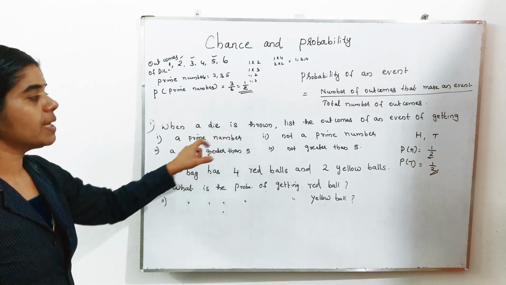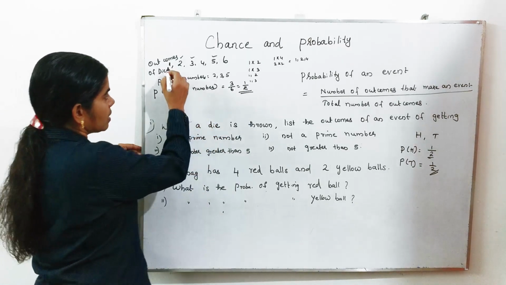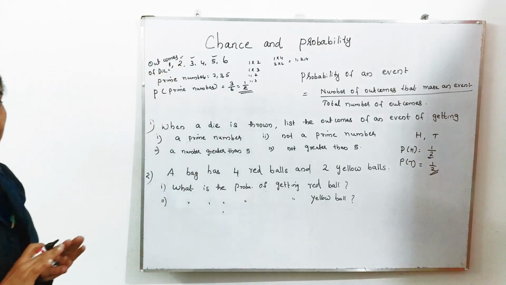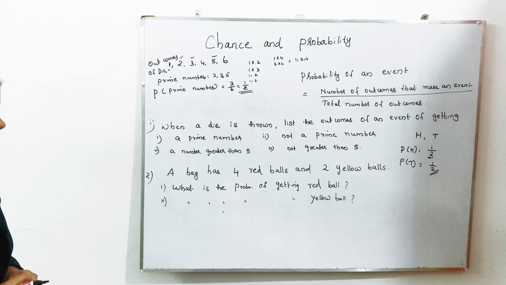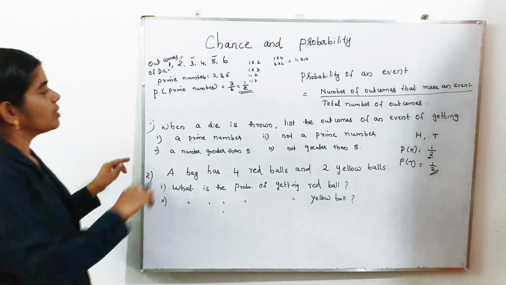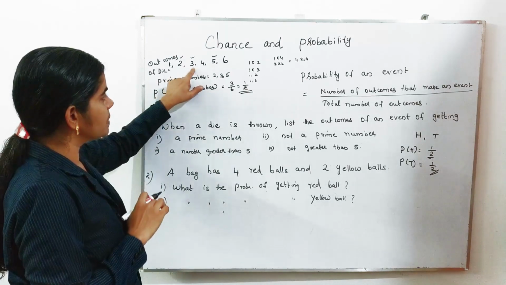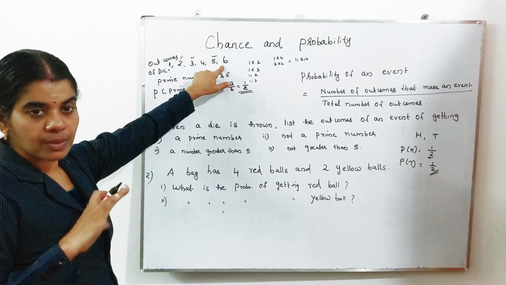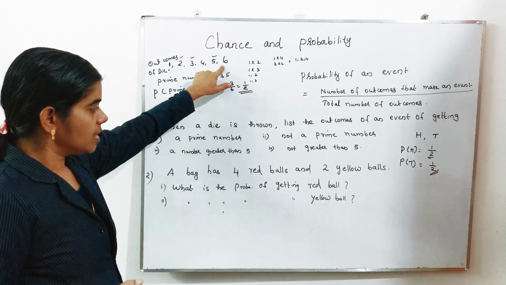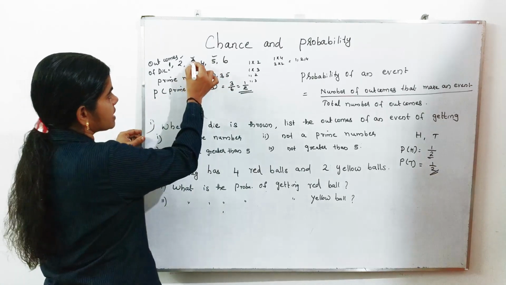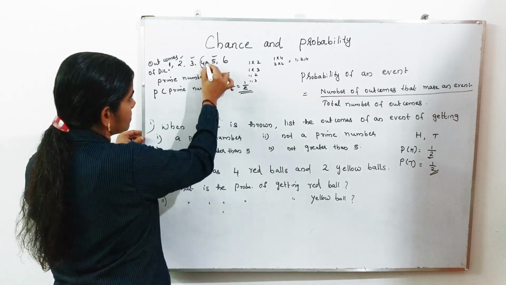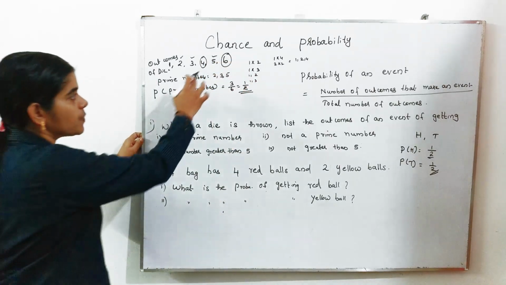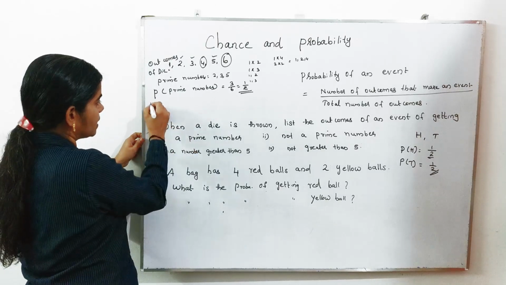Next one is not a prime number. This one we can't take. One is not a prime number, not a composite number. Then not a prime number means remaining numbers we can take, 4 and 6. Not a prime means composite numbers. 4 and 6 are the composite numbers.